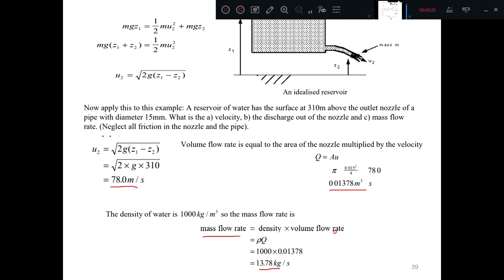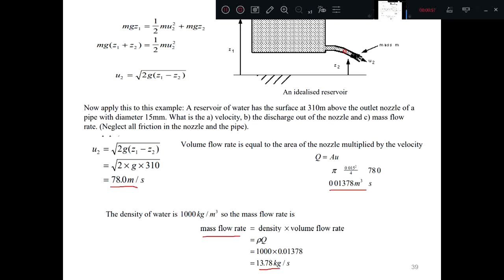So in the above example, the resultant pressure force was always 0, as the pressure surrounding the fluid was the same everywhere, atmospheric. Since a jet of water is coming out of the tank and discharging into the atmosphere, the pressure everywhere here is the same atmospheric pressure.